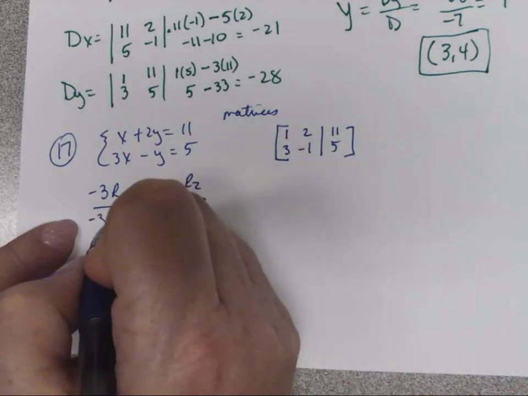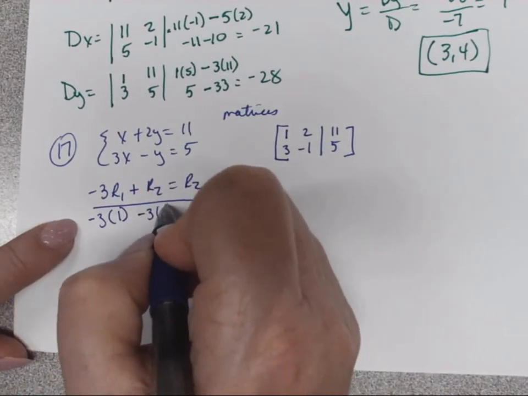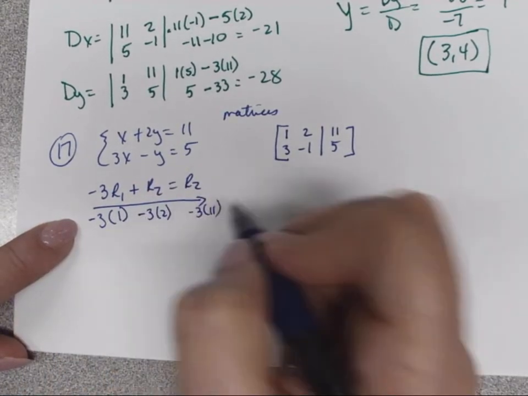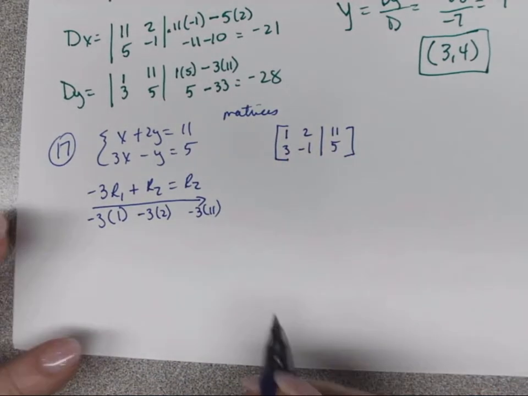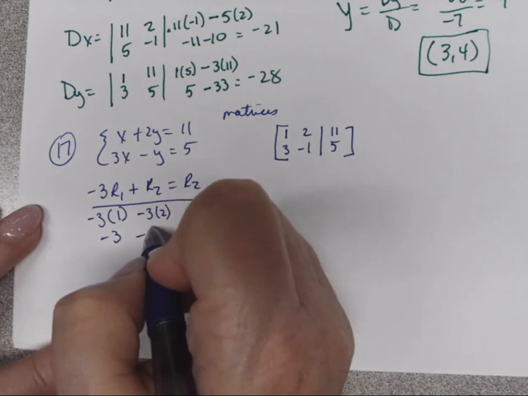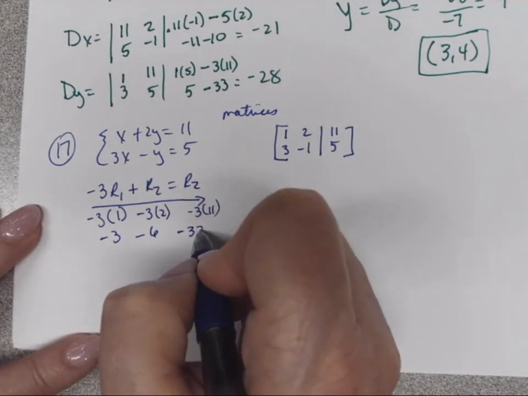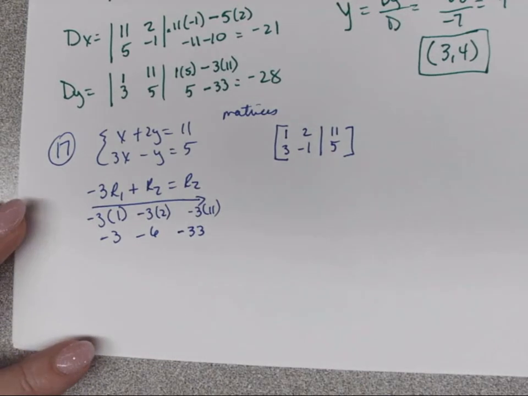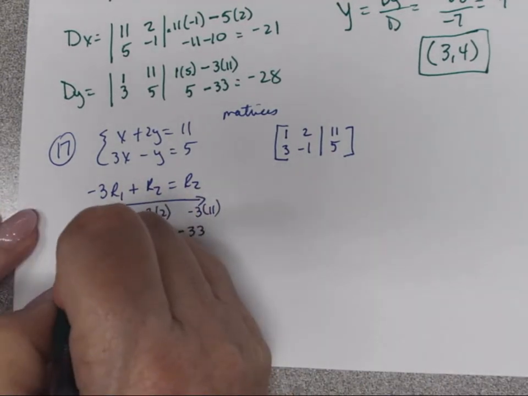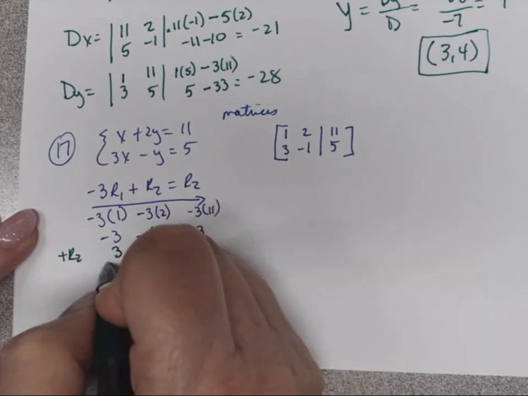So that will be negative 3 times 1, negative 3 times 2, and negative 3 times 11. So that's all of row 1. So that gets us negative 3. Negative 3 times 2 would be negative 6, and negative 3 times 11 would be negative 33. Now I'm going to add row 2 of 3, negative 1, and 5.